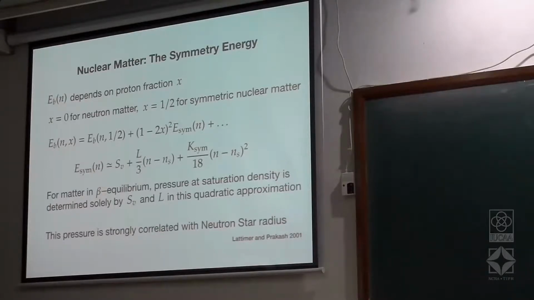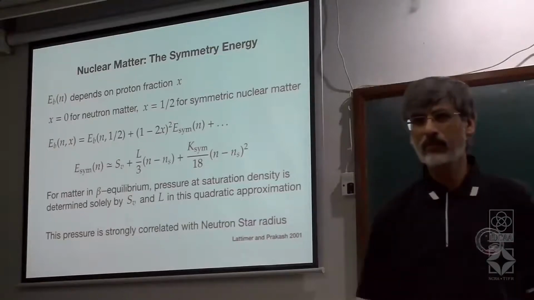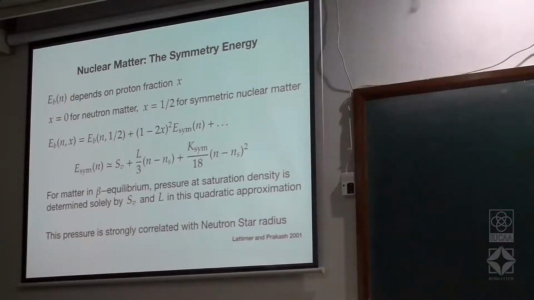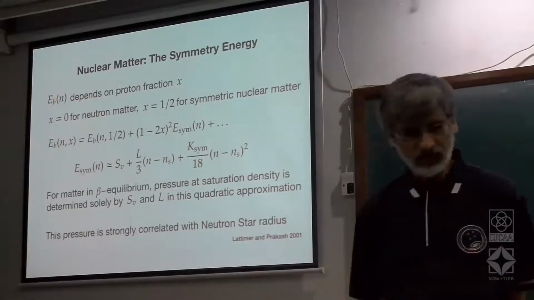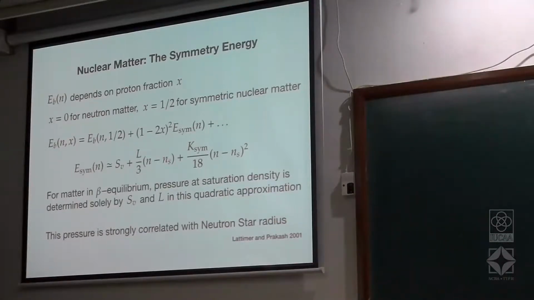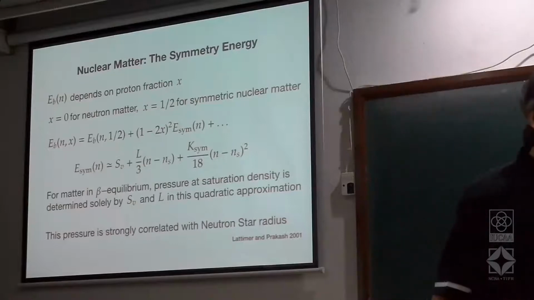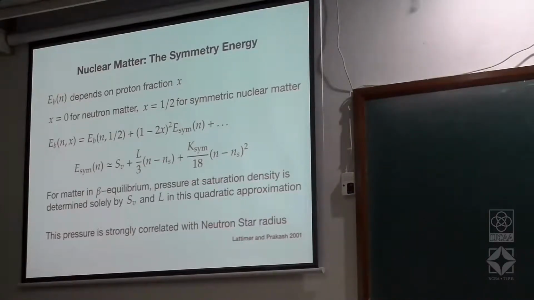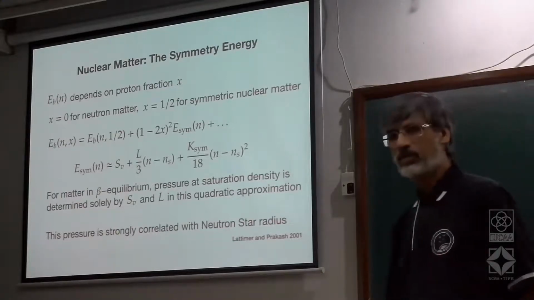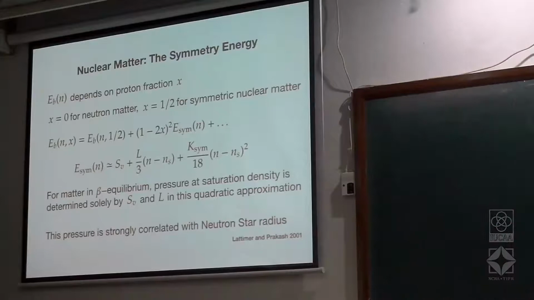So pressure at Ns is strongly correlated with the radius. If you are able, from your theory, to predict the pressure at Ns very well, you can get a very good approximation to radius, but not mass. Neutron star mass radius relation, I will show a diagram shortly.